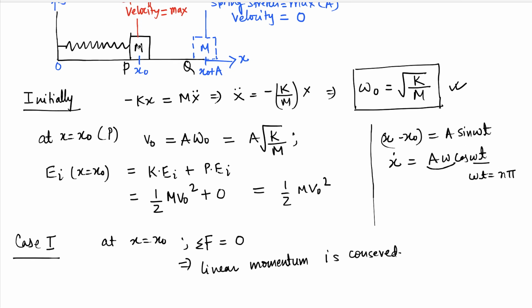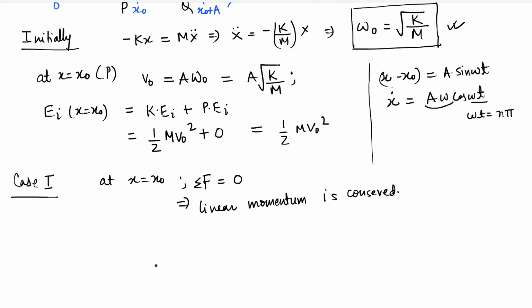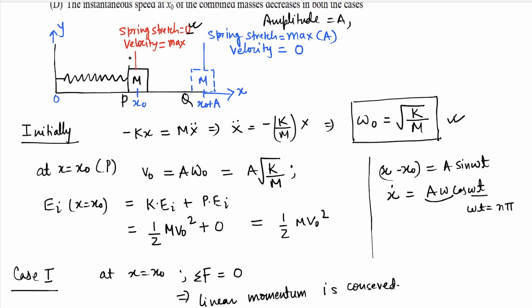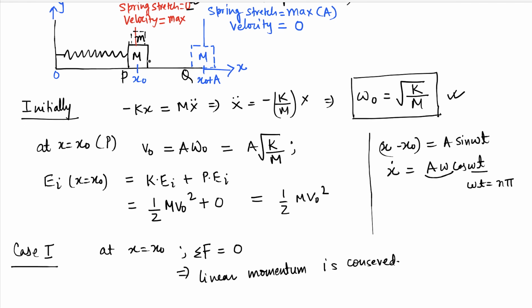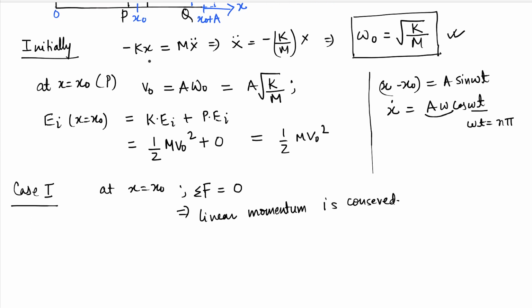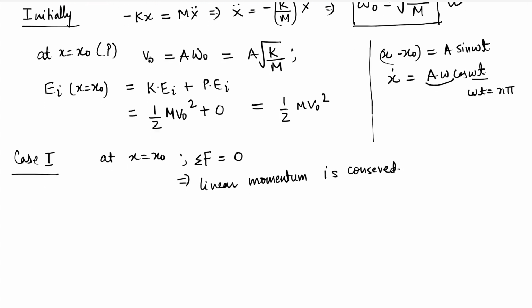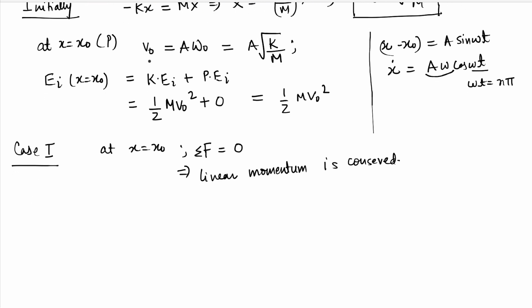Okay. Now, when I place another mass m here, let's say small mass m, then what happens? Linear momentum will still remain conserved. Why? Because the external force is 0. Okay, at that moment. So what is the initial momentum?